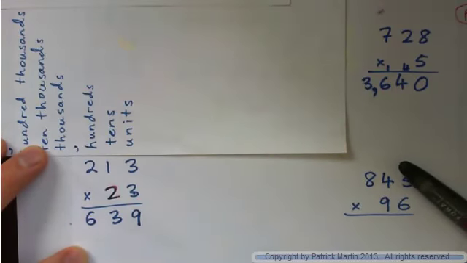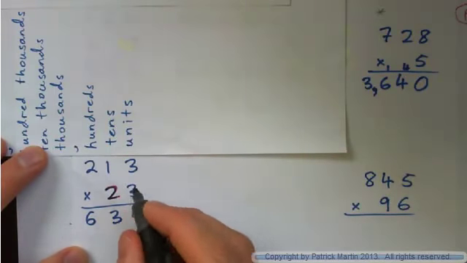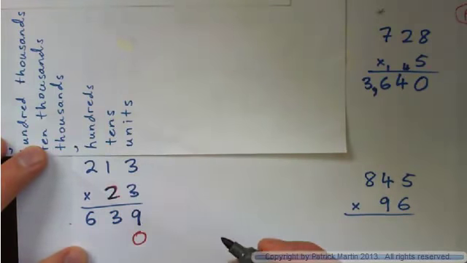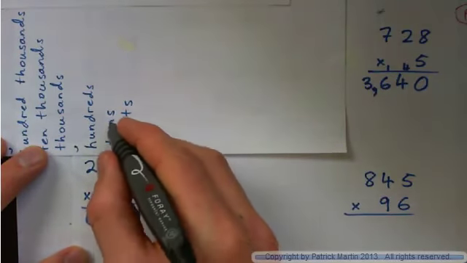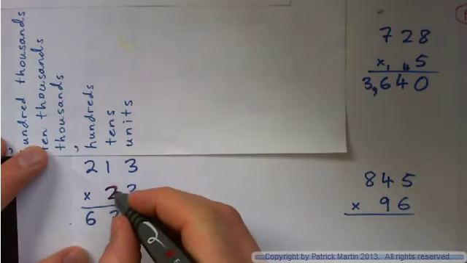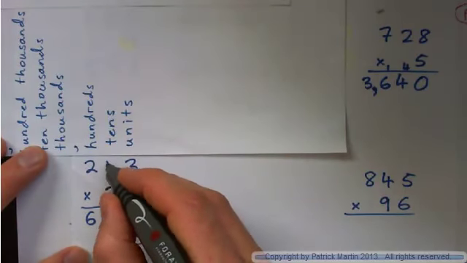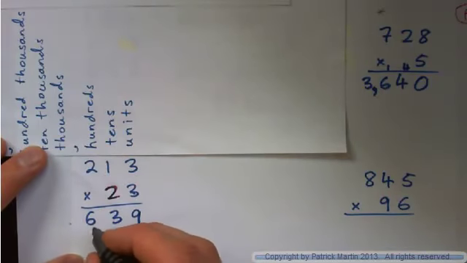Now this 2 is in fact a 20, and so I put a 0 here because I'm multiplying by a 10 now. 20 times 3 is in fact 60, and so that's why you put 6 here in the 10 spot, because 20 times 3 is in fact 60. 20 times 10 is in fact 200. So that's why you go 2 times 1 is 2.